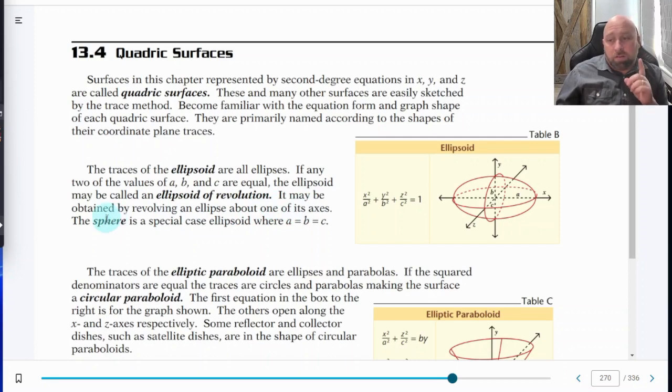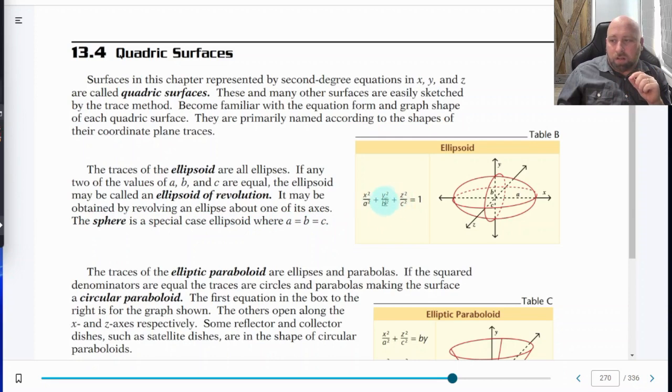The sphere, okay, check this out. This is actually another shape. This is a type of ellipsoid, just like the square is a type of rectangle, right? The sphere is a special case ellipsoid where a equals b equals c.